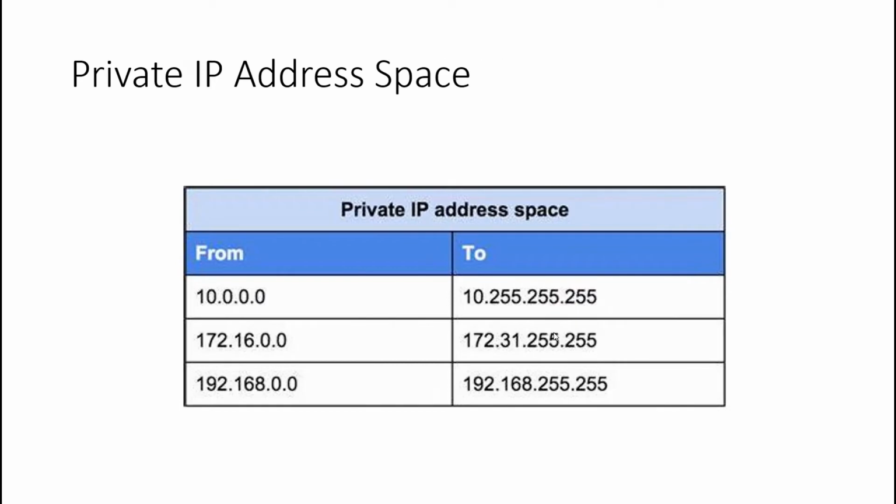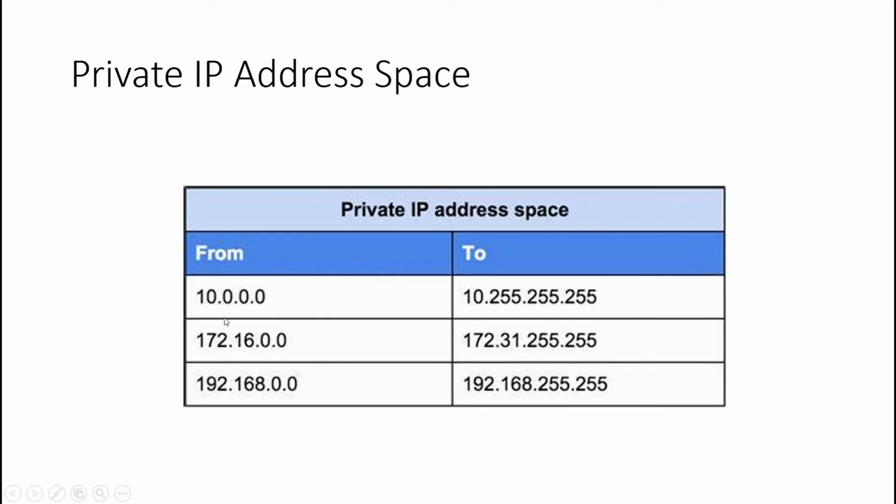Coming back to this table, there are three IP address spaces for private networks. The first one is from 10.0.0.0 to 10.255.255.255. You can use any IP address within this range as a private IP address.